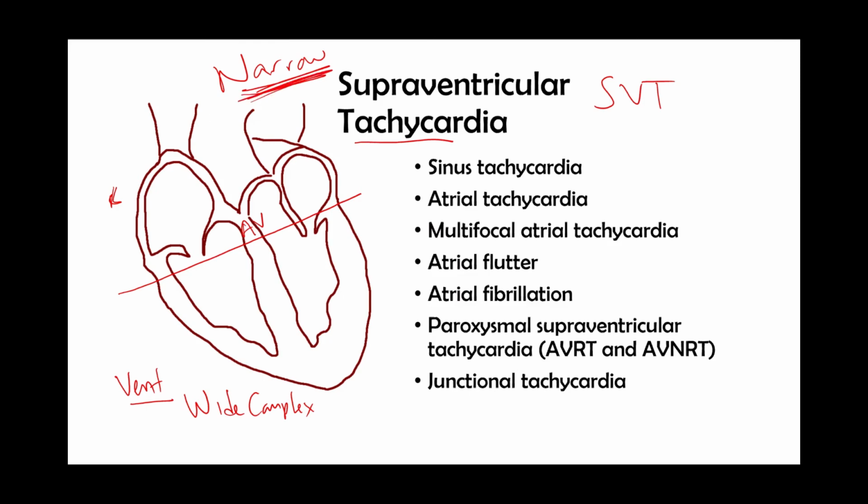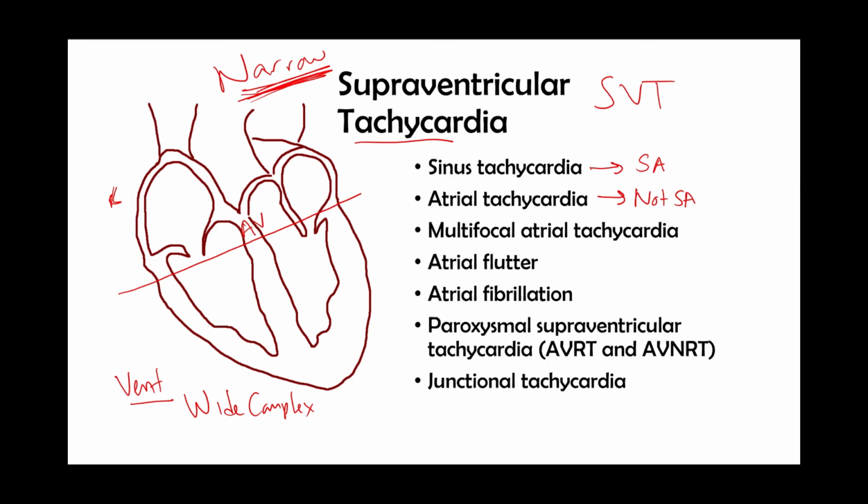Let's quickly run through the list of supraventricular tachycardias here. We have sinus tachycardia, which we should be very familiar with because this starts from the SA node and travels down the normal pathway just at a faster rate than normal. Atrial tachycardia is a tachycardia resulting from the atria but not from the SA node. Identifying this in the EKG would require carefully examining the P wave for any change in its morphology or axis.